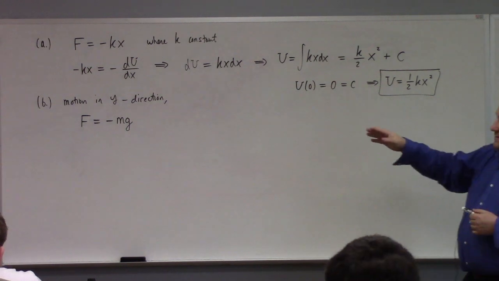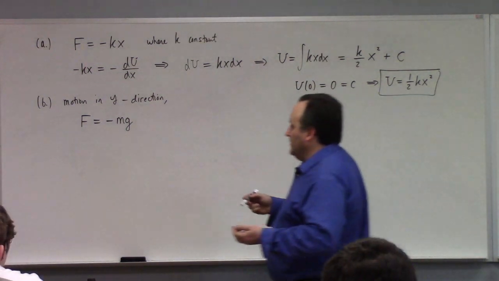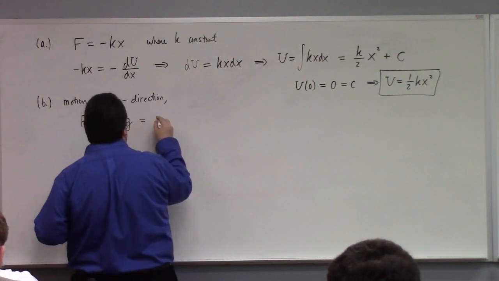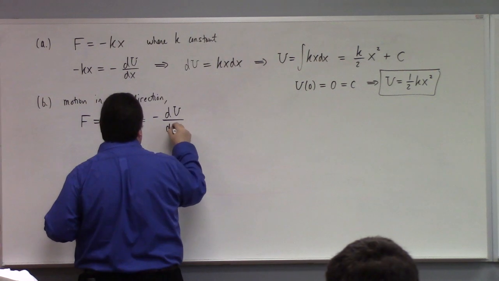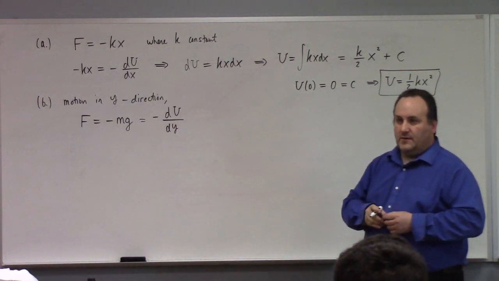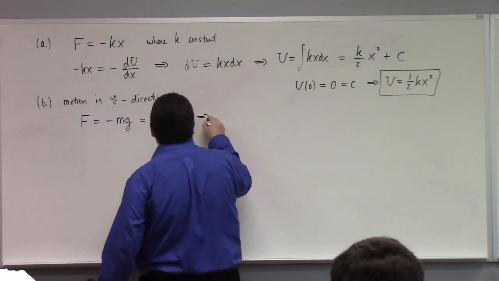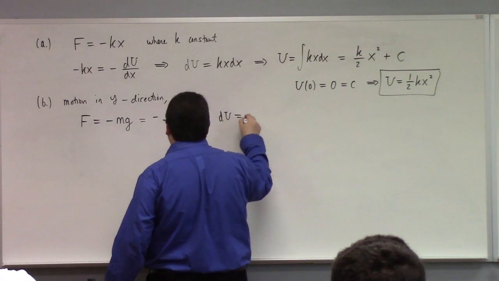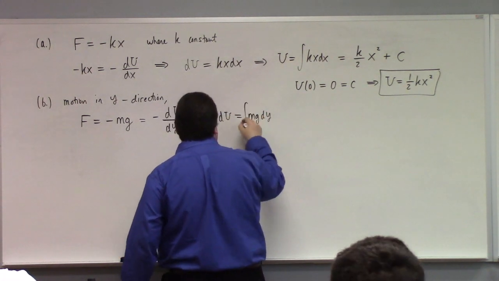How about this one? F equals minus mg. Now, if the motion is in the y direction, we're looking for F equals minus d, so y plays the role x did in the previous one. So we're looking for du/dy. If I follow your suggestion from last time, this gives us du is mg dy, so we can integrate both sides. And we get what?